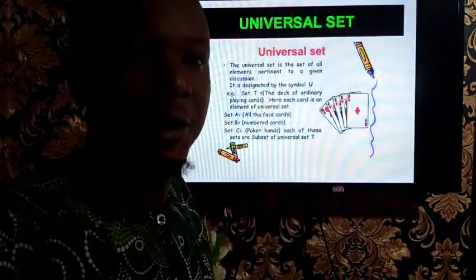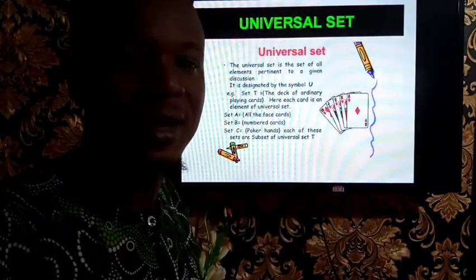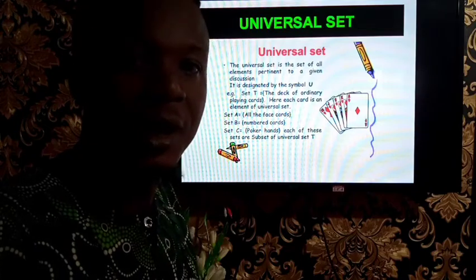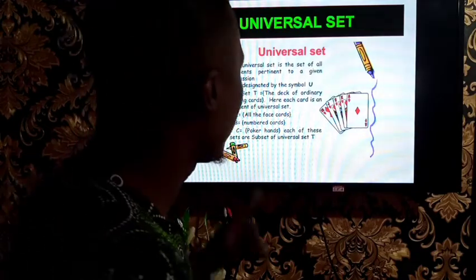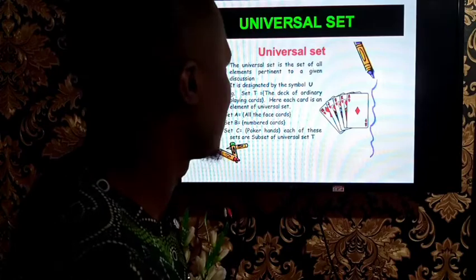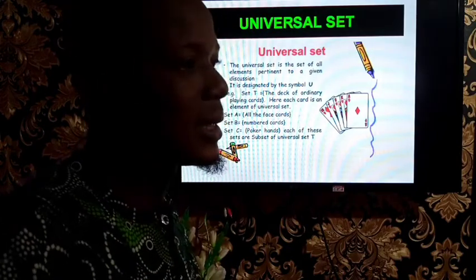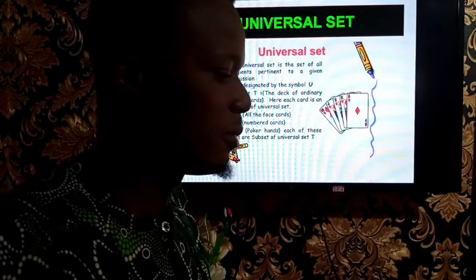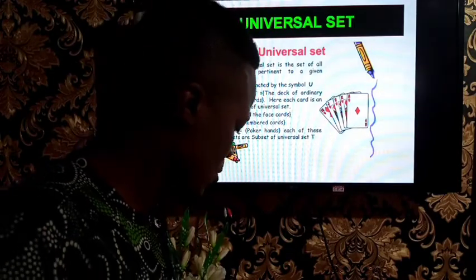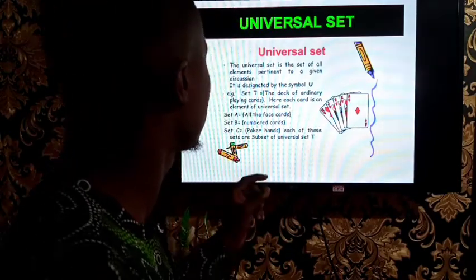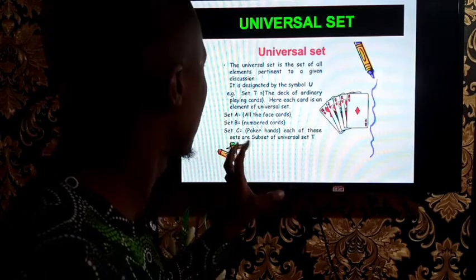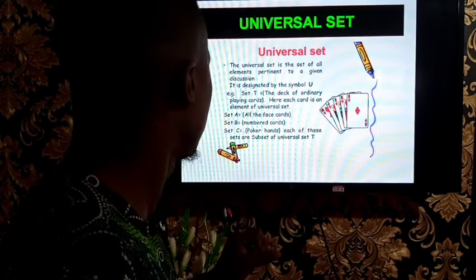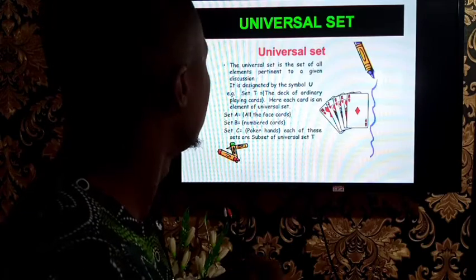When I talk about Africa, Nigeria is no longer a universal set because Nigeria is still under Africa. That is why you must add, while trying to define universal set, that it is a set that contains every other set under discussion. That word is very important, under discussion. And the symbol for this universal set is capital letter U. We use capital letter U to represent universal sets.